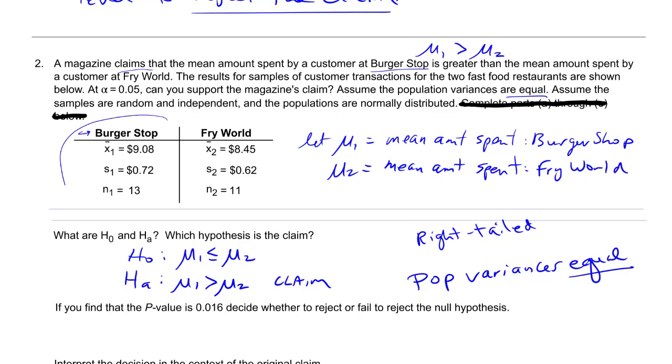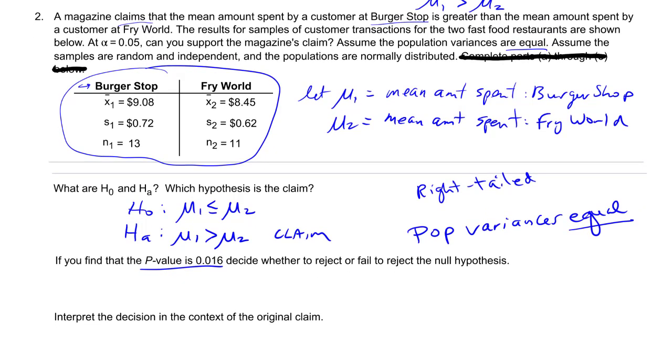So you take all this information and get your test statistic t and find your p-value, and you get a p-value of 0.016. So 0.016 is your p, and we're going to compare that to 0.05, which is our alpha.